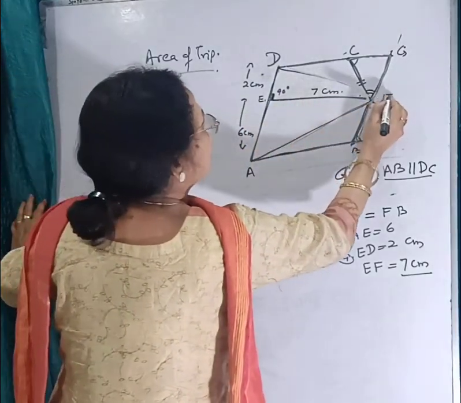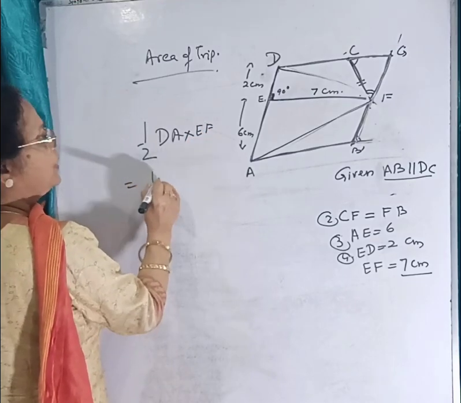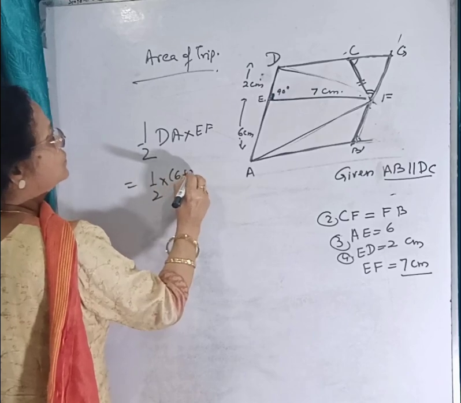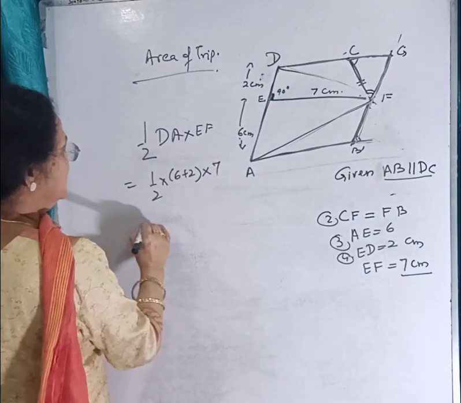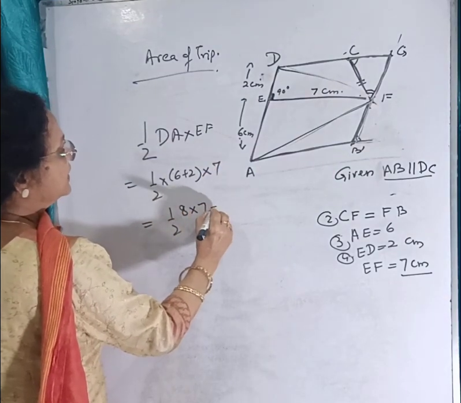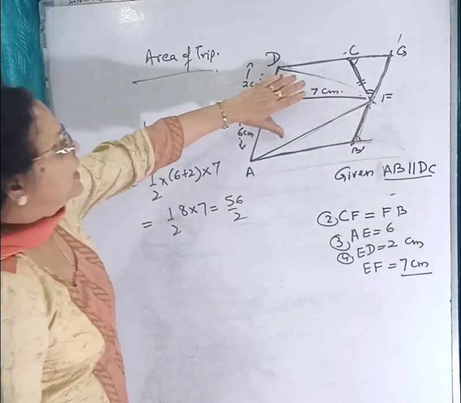This was the point F. EF, that is 1 by 2 into 6 plus 2, into distance EF, which is 7. That is 1 by 2 into 8 into 7, that is 56 by 2. This is the area of this triangle.